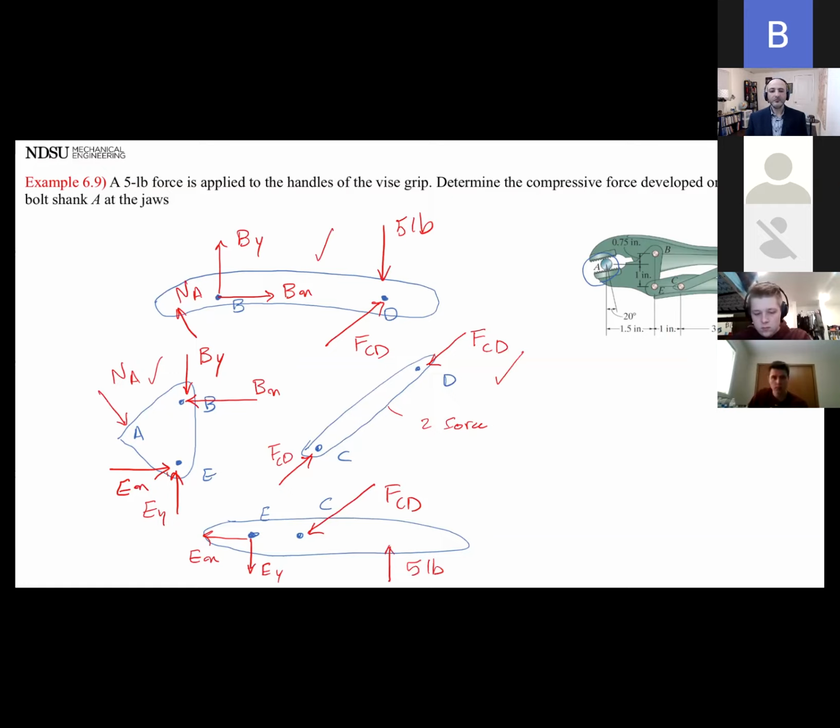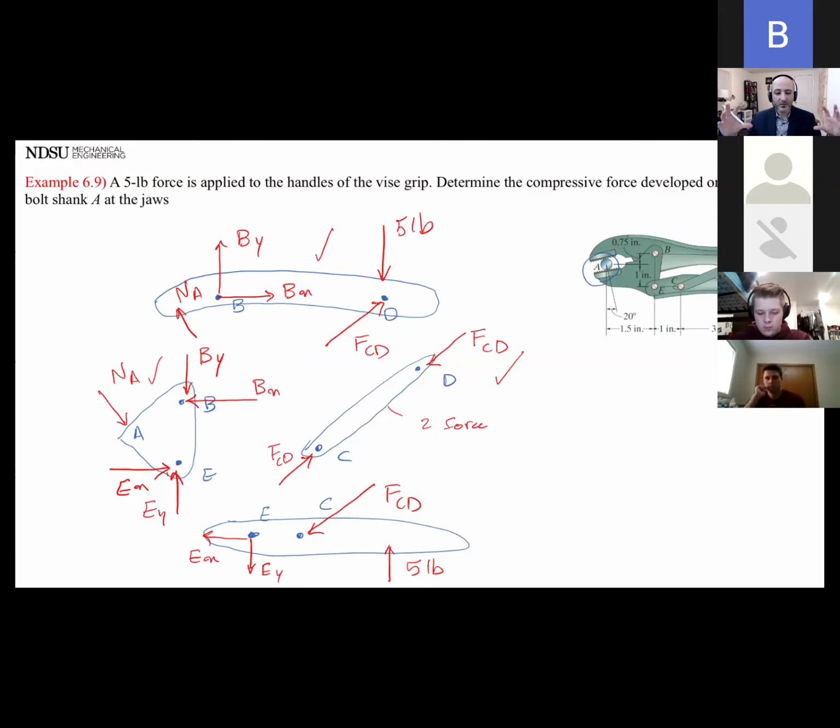So when drawing free body diagrams of frames, it takes a lot of skill, right? You've got to consider everything that you've learned up to this point: multi-force members, rigid bodies, which all of these are, and 2-force members, and also how the same pins, when they go back together, should cancel each other out.